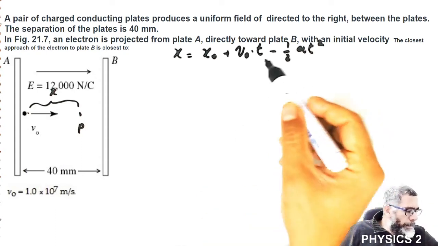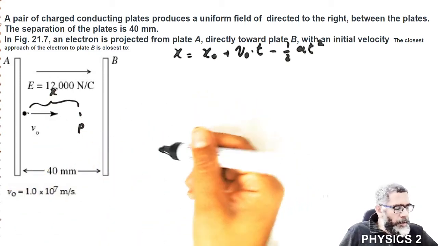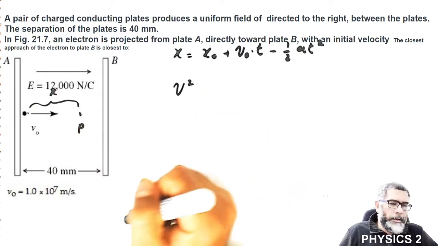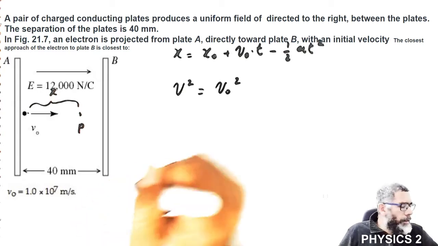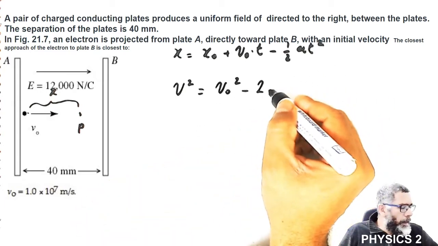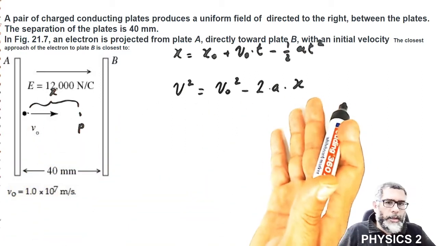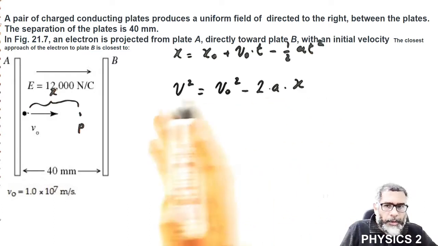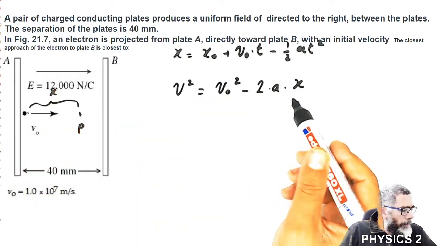Further, you have to find this stopping time, but we have a further equation in terms of the velocities: the final velocity squared is equal to the initial velocity squared minus 2 times the acceleration times the distance it goes. We have also this equation in the kinematics of one-dimensional motion, because it is a decelerated motion.